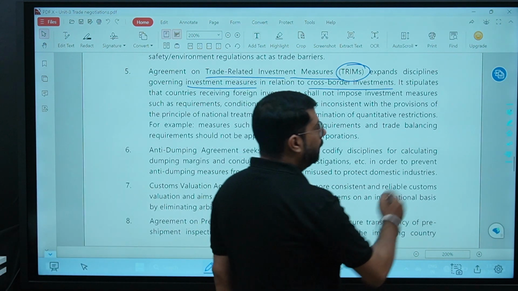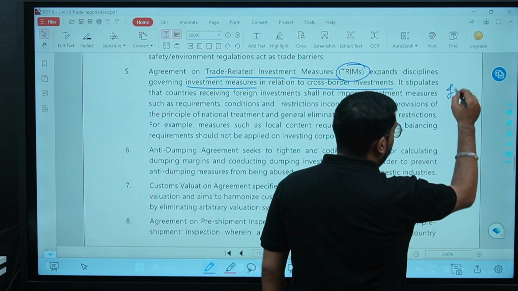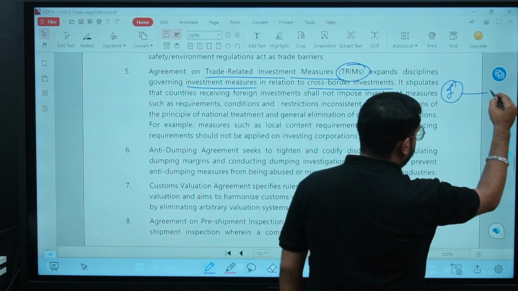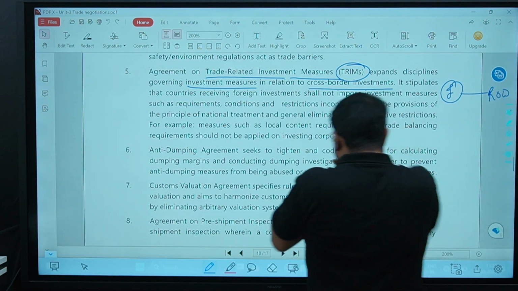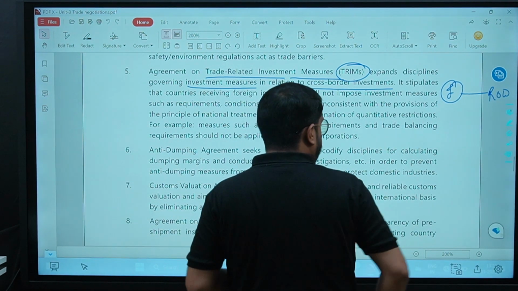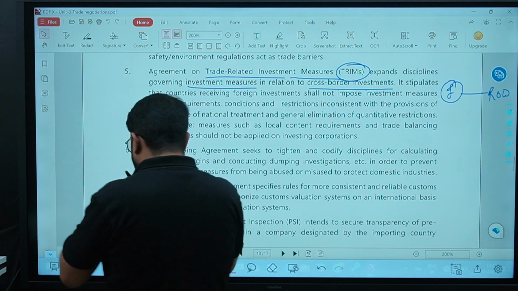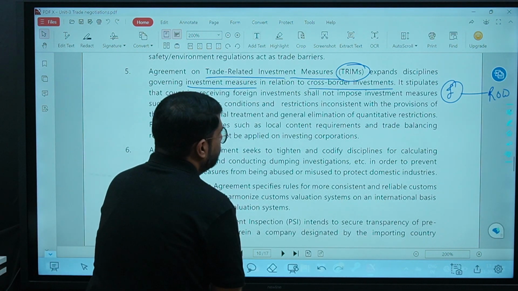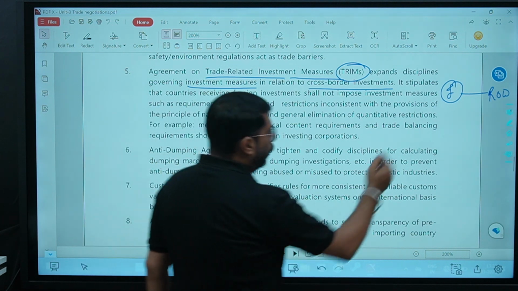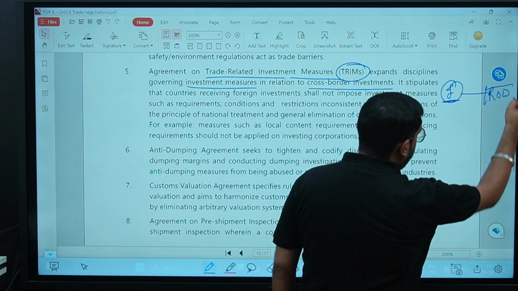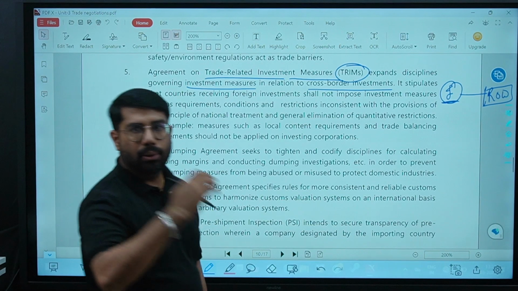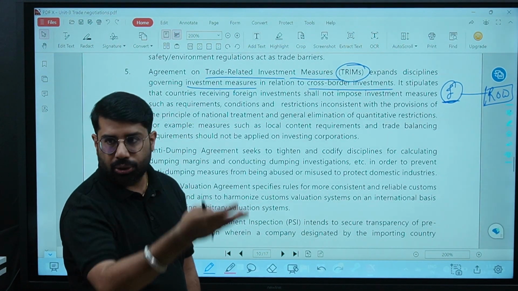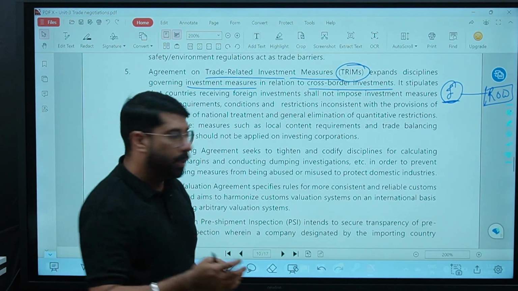Cross border investment means that one country is investing its resources in the rest of the world. Cross border transactions. Are we clear?